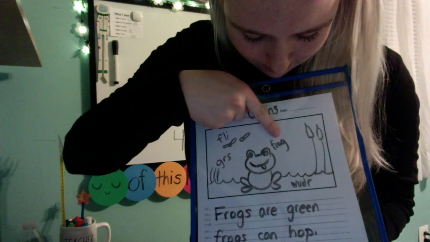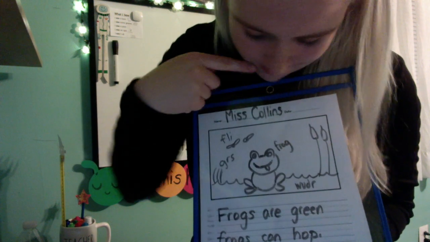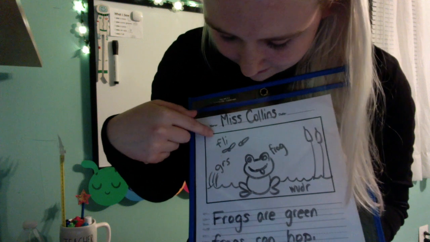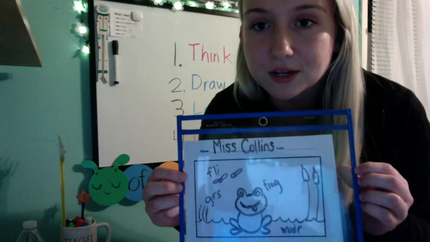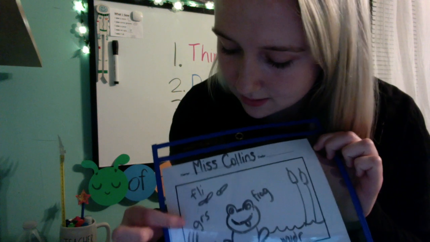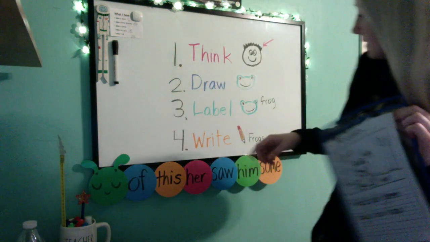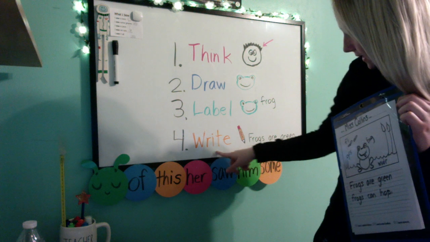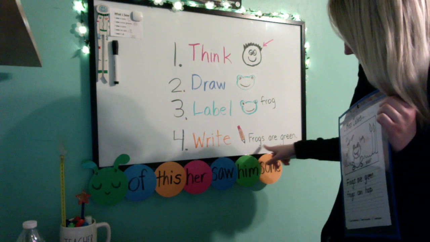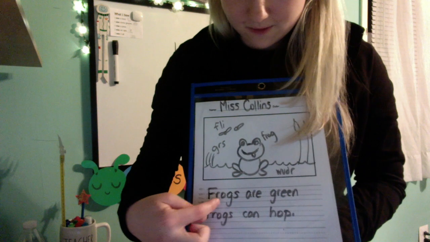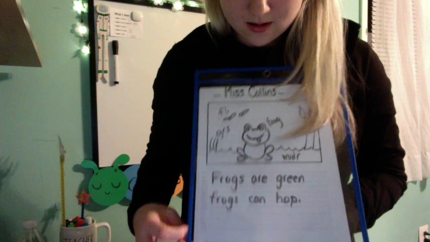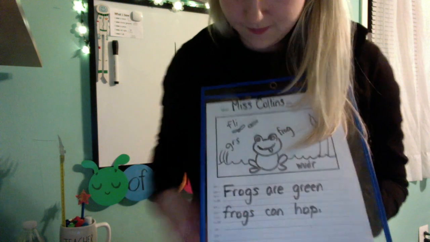So I labeled my frog, the water, the grass, the flies, and try your best to sound them out. Make sure you're really stretching out the word and writing all the letters that you hear. The last step is to write. So you're going to write your sentences. So my sentences were, frogs are green and frogs can hop.